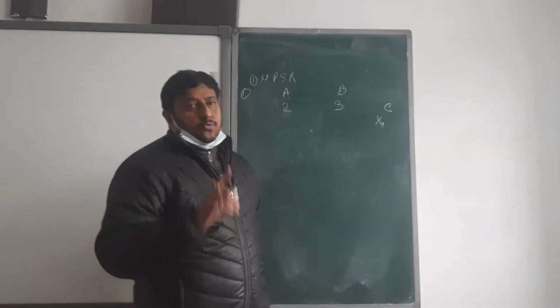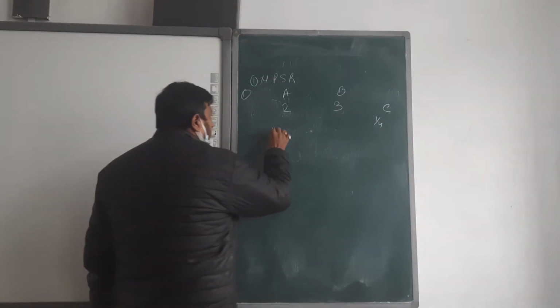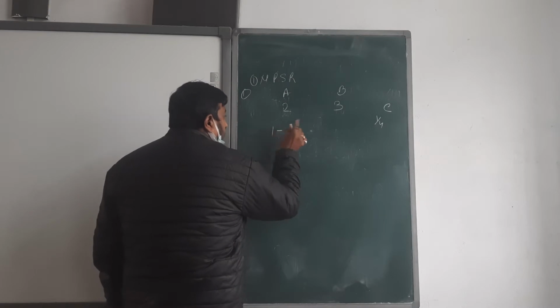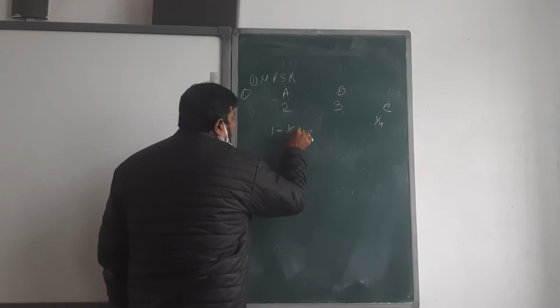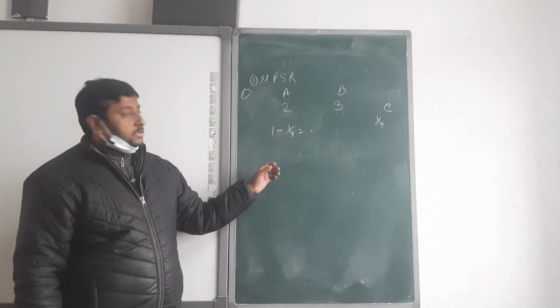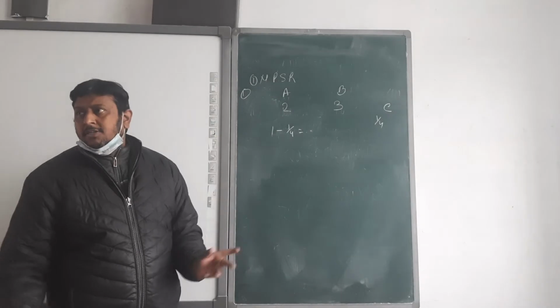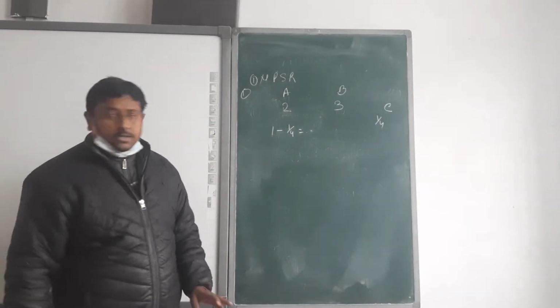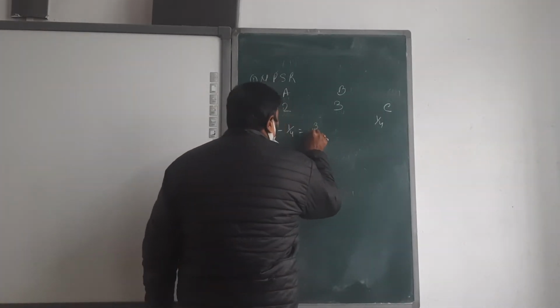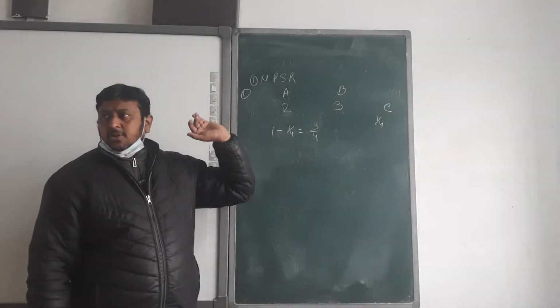So first, 1 is the whole profit. From 1 we subtract the new partner's share, which is 1/4. So 1 minus 1/4 is 3/4.